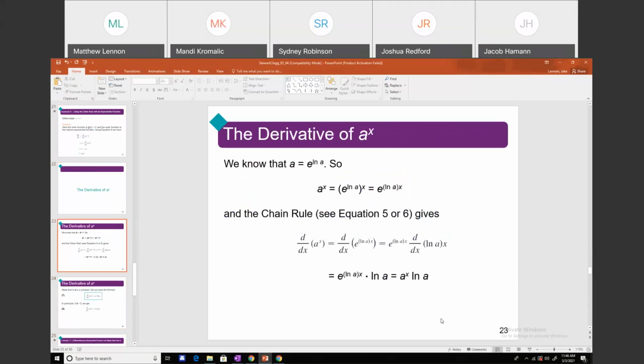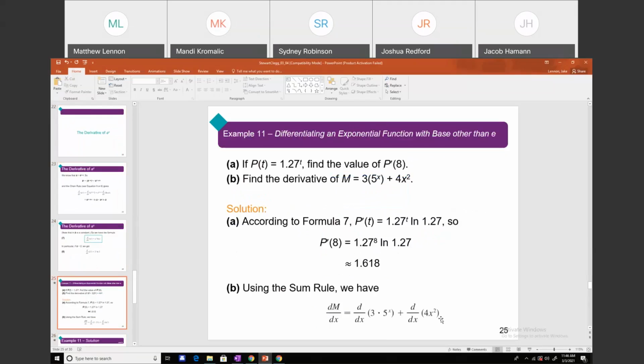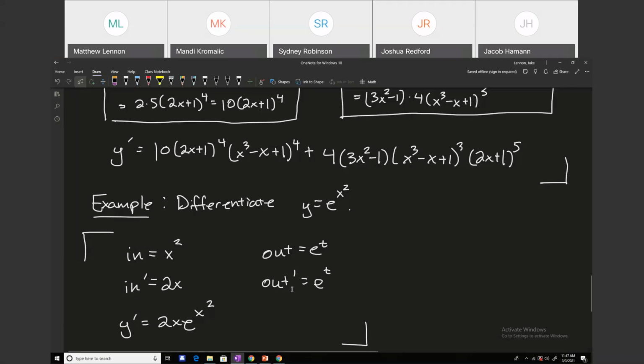Okay. Derivative of a to the x, again, we don't need another formula for that. So let's just look at this part. 3 times 5 to the x. Let's say we had to do the derivative of something like that.